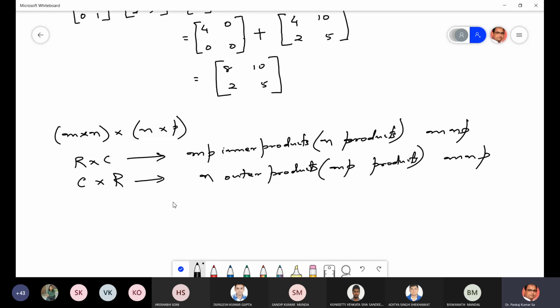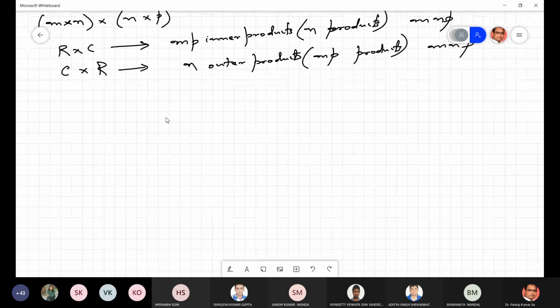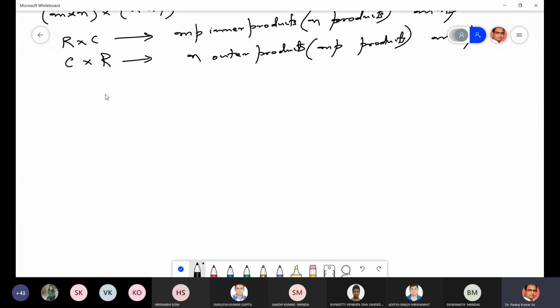So having said all this, can you tell me, if two matrices are added, let us say A is a matrix and B is another matrix, the rank of A is known, the rank of B is known.